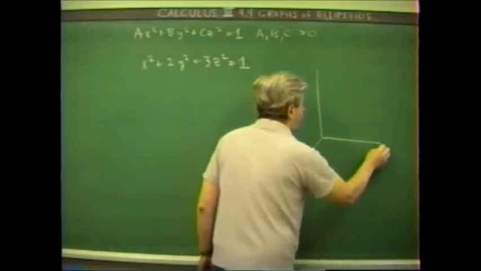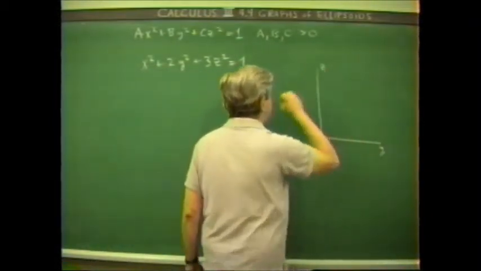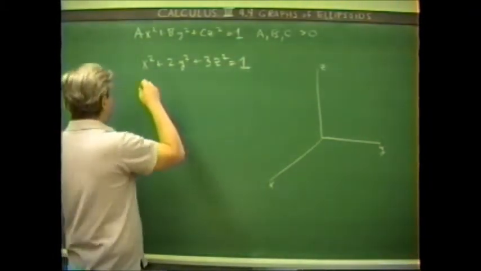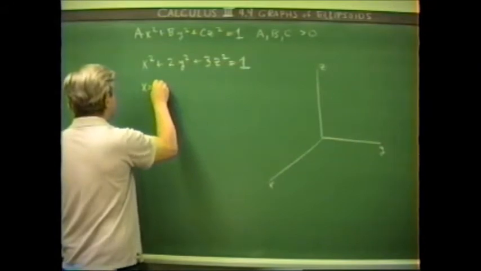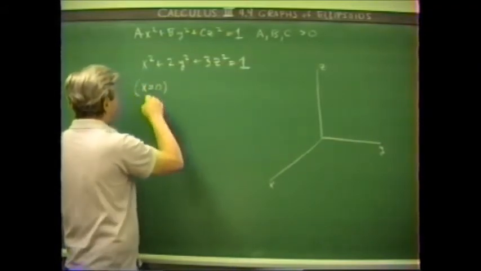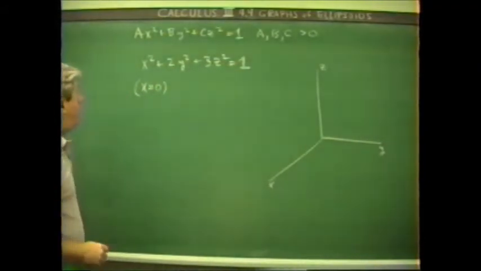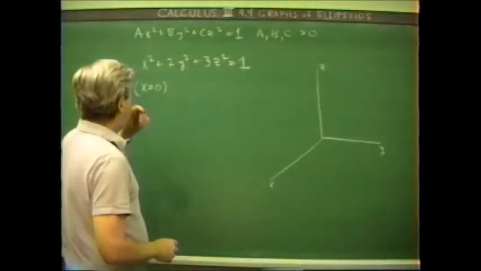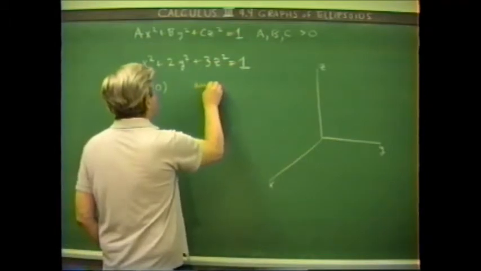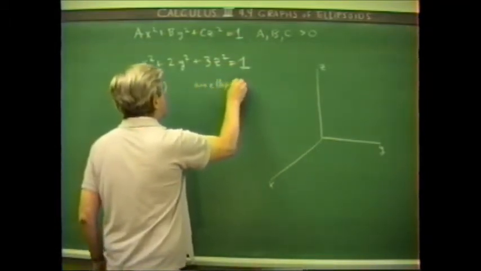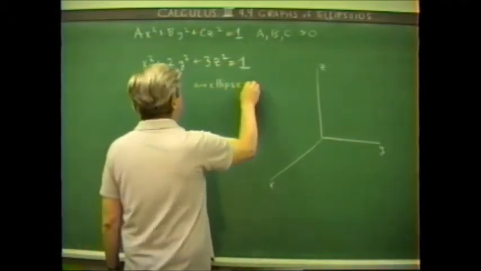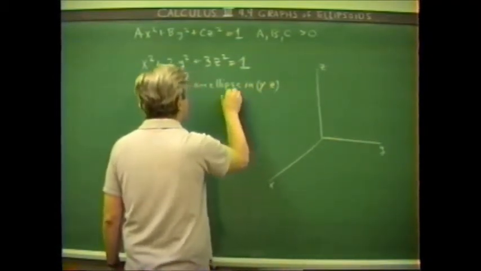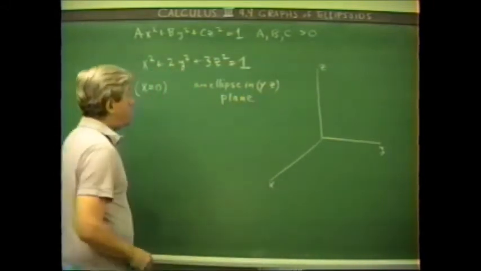The best bet for drawing this is to look at the traces of the various planes, so that, in particular, if x is equal to 0, then we're looking at 2y squared plus 3z squared is equal to 1. This is an ellipse, right? In the yz plane. All right?